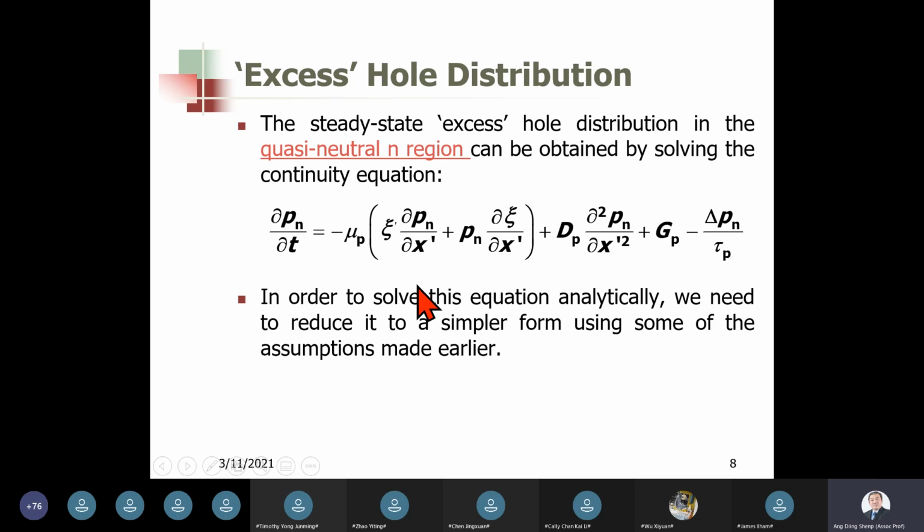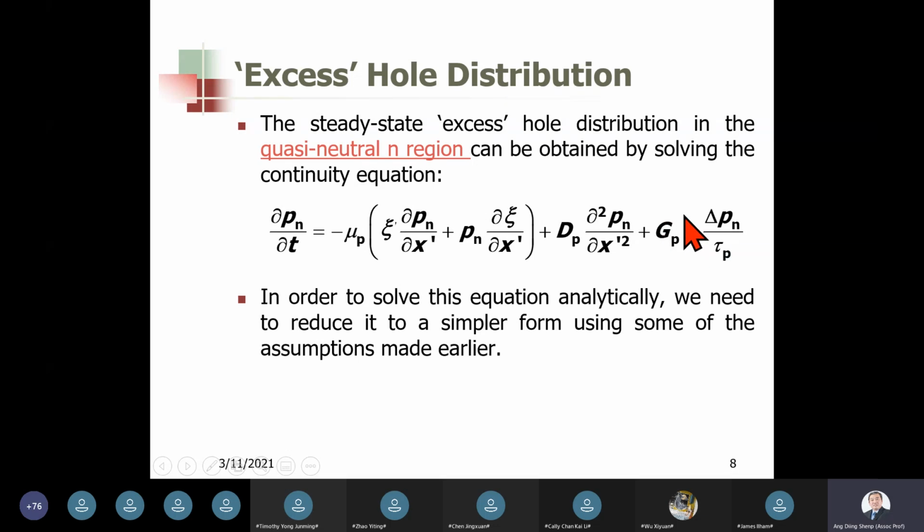So if the current flow is not uniform, then it can cause the hole concentration to change at different locations inside the n region. Now the current flow has two parts. One part is drift, the other part is diffusion. So that explains the meaning of the first two terms.